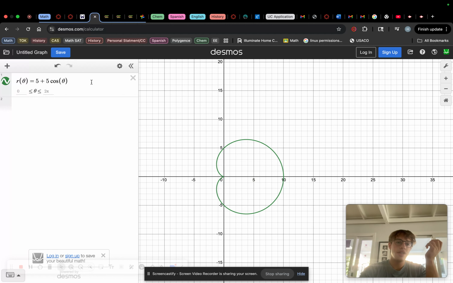So we have r, because r is just our equation. We know r is 5 plus 5 cosine theta. But we need to find dr d theta. So to do this, we could take the derivative of both sides in terms of theta, which is what we'll do.